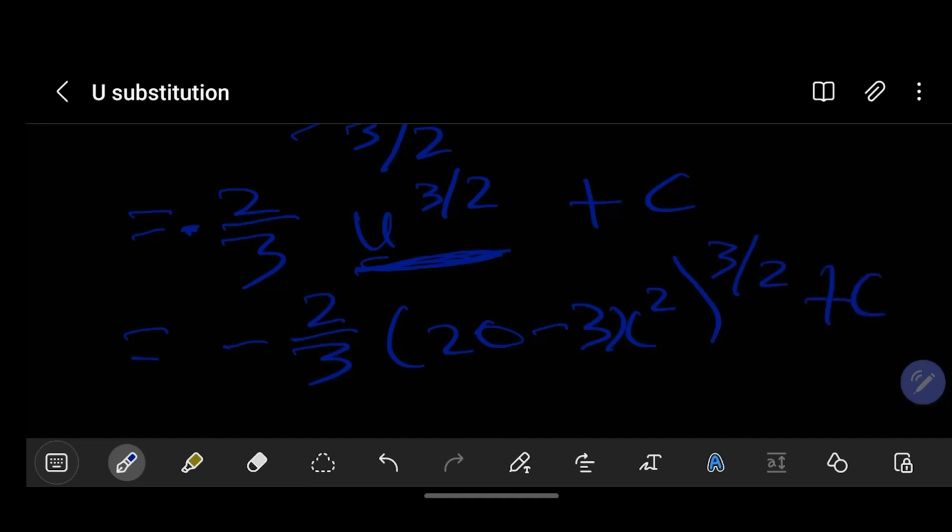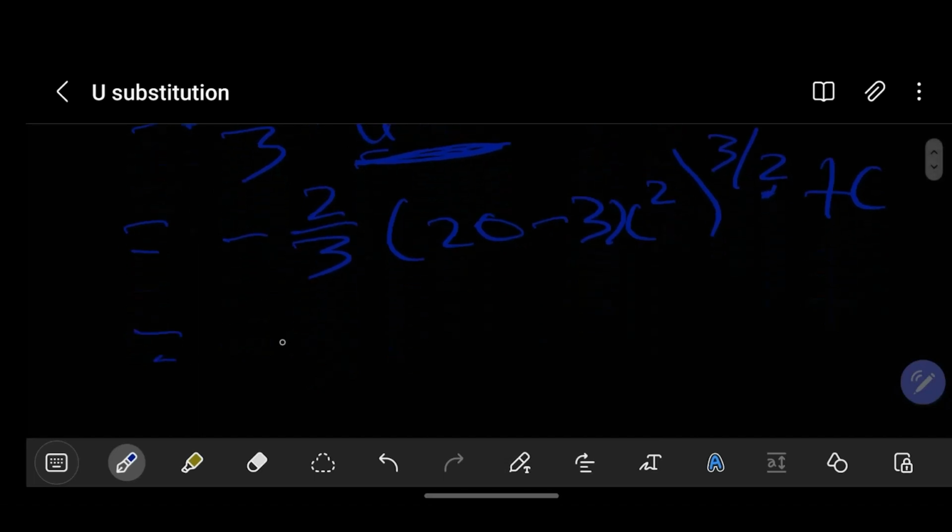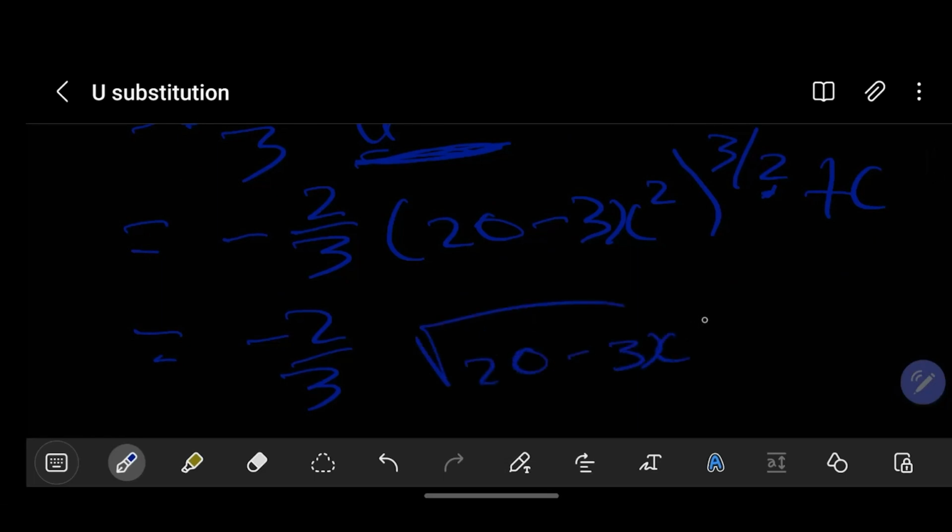You can either leave it in this format or you can simplify further. We know that this is the same thing as writing minus 2 by 3, the square root of 20 minus 3x squared, all cubed plus c.